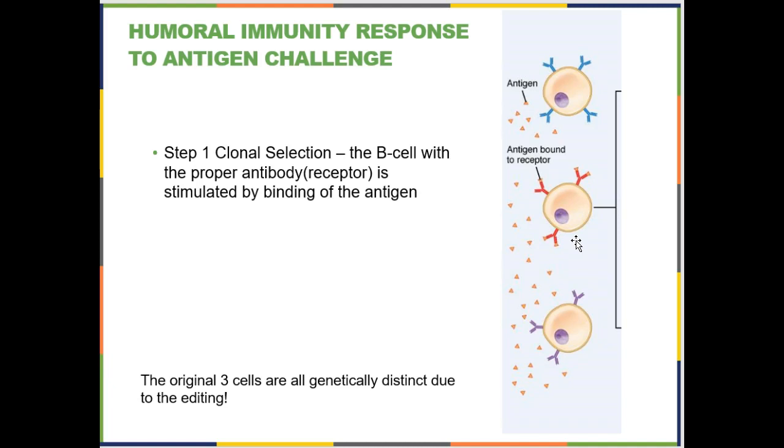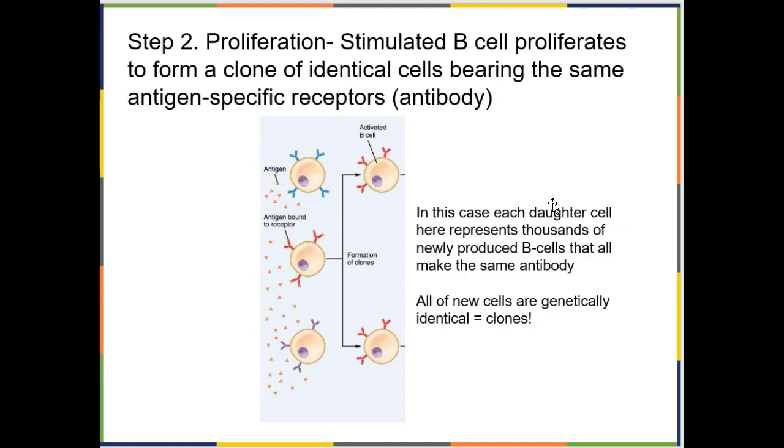Largely the same, but definitely genetically distinct. And this one right here happens to have the antibody that can bind to this particular antigen. Now this cell has been made aware that its antibody can stick to that antigen, and your body now needs a lot of that antibody as soon as possible.